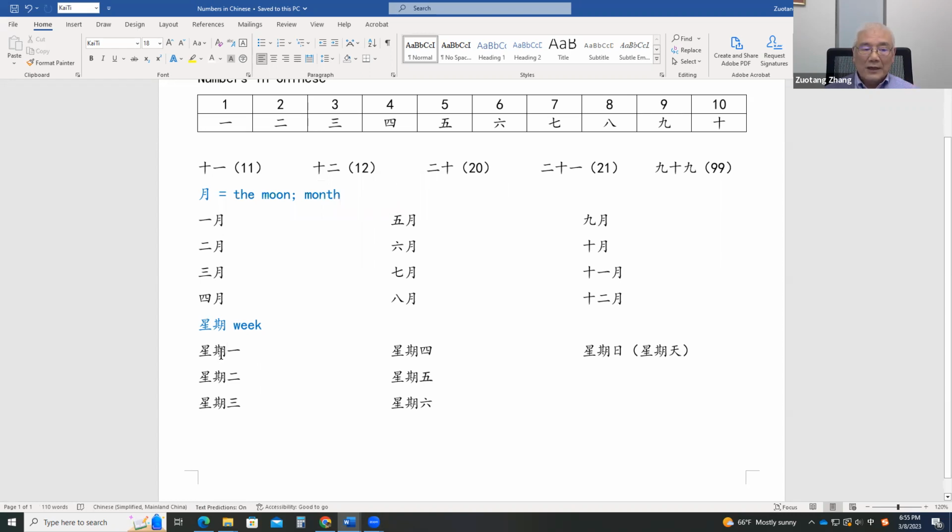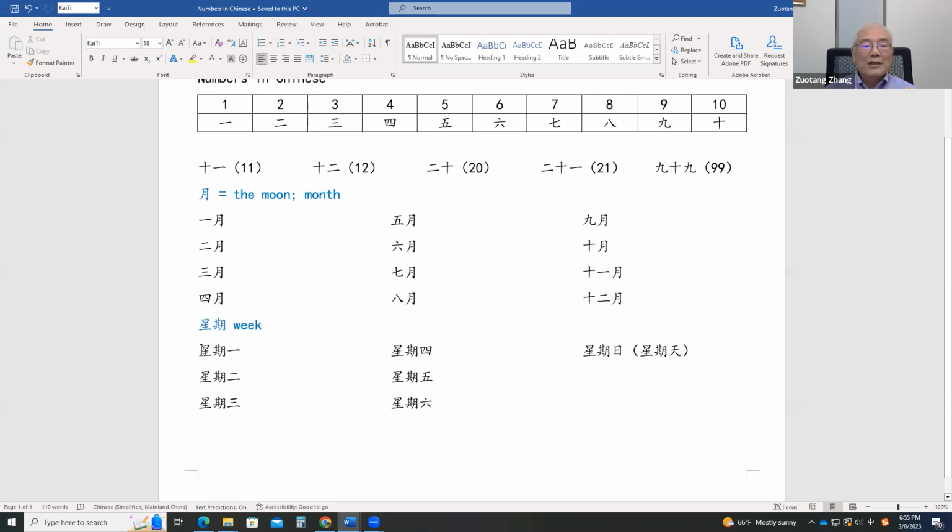Unlike the names of months, which you make by putting 1 through 12 in front of the word month, in making the weekdays, you put the numbers after the word 星期. The first day of the week in China is Monday, not starting from Sunday.